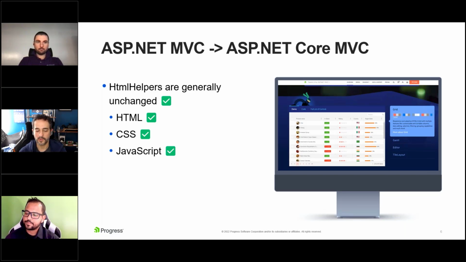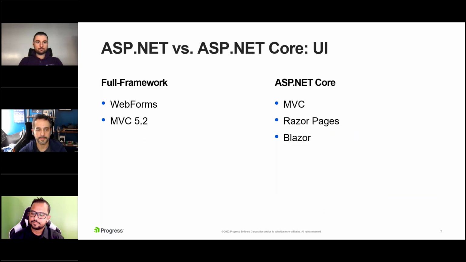One example is our Telerik UI for MVC component library. That works on MVC 3.5, I believe, through MVC Core. So something like that, a very component-centric library, is going to work on both platforms.